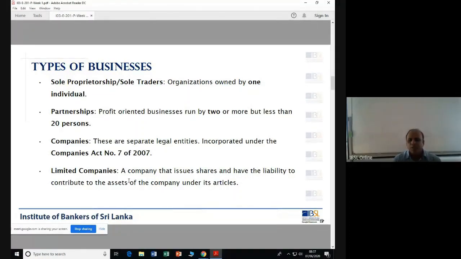Say, for example, as we know, we consume electricity. You consume electricity this month and you get the bill next month. So you have a liability to the electricity board to pay this amount that you have consumed in rupee terms. That is your liability, your obligation to pay.